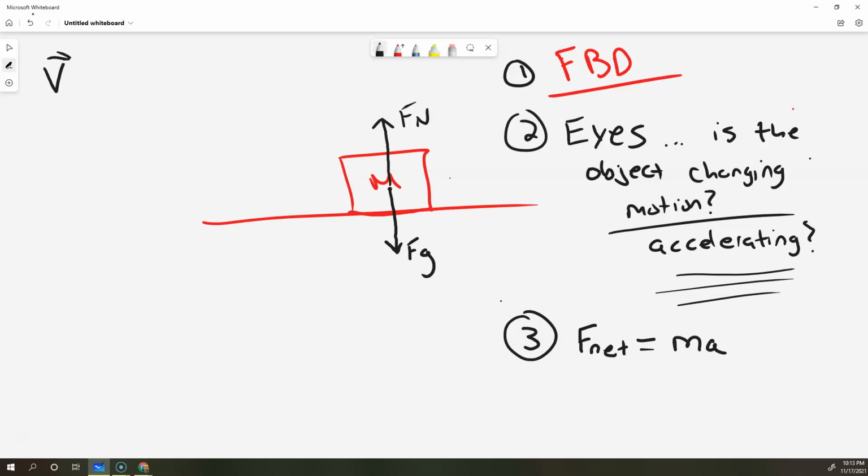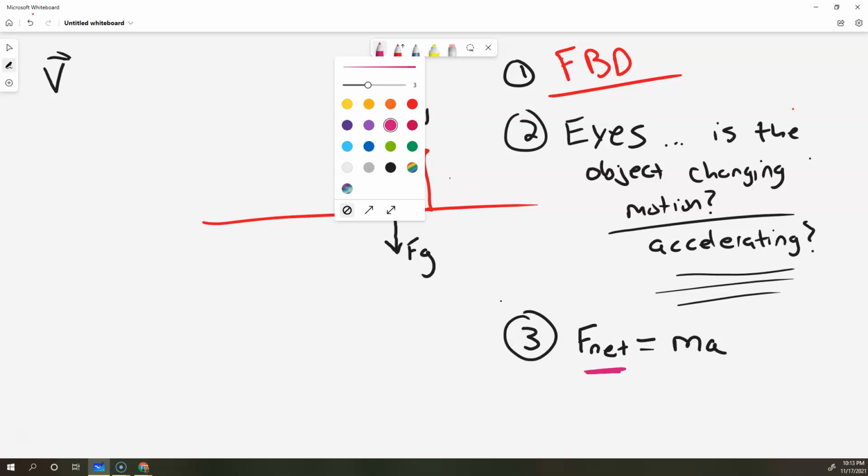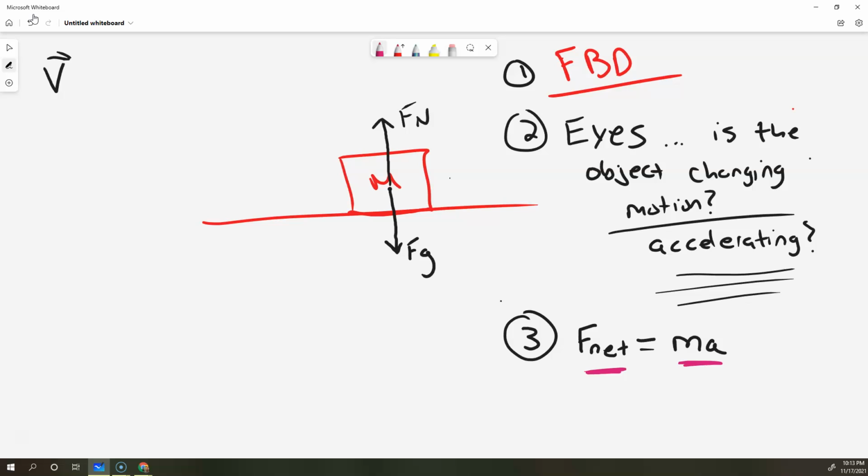What does it say? Let's start with what it doesn't say. It does not say that a net force is necessary for motion. That is not what it says. It says a net force is necessary to cause an object or a mass to accelerate or change its motion. So when a net force is present on an object, that object will change its motion.